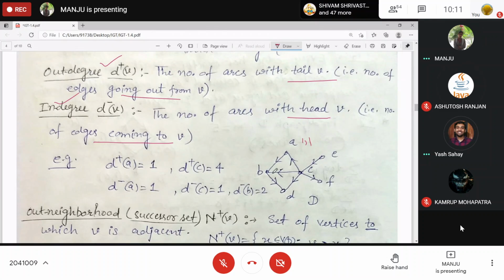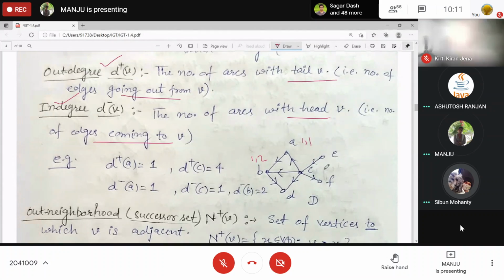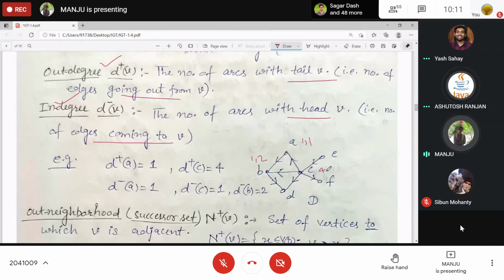What would be B? In degree 2. Would C be in degree 1, out degree 3? Out degree is 4, in degree is 1, right?